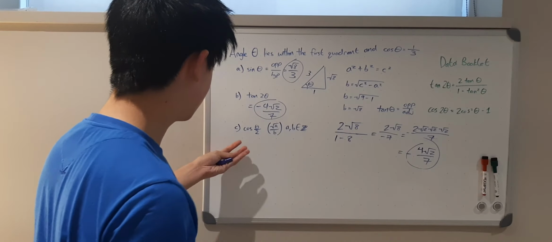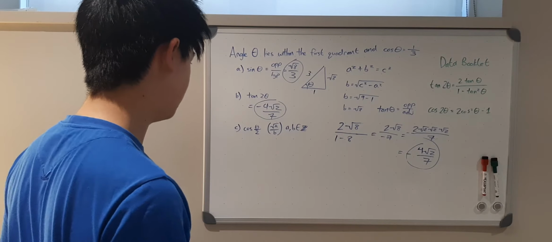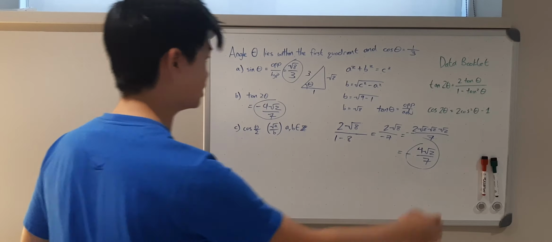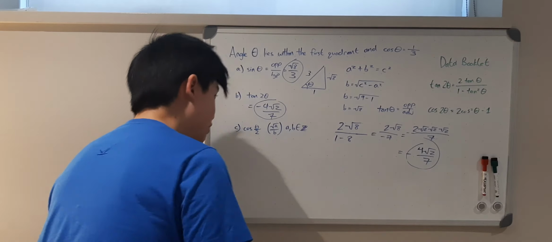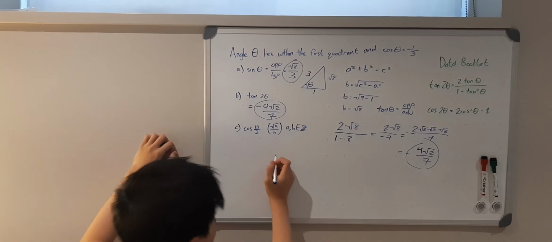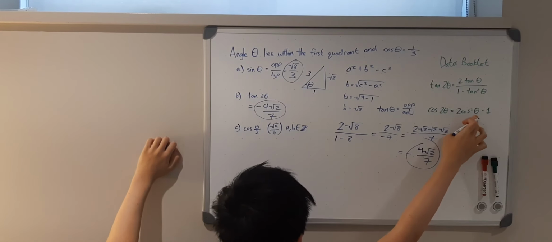Okay, now the last question. Cosine theta over 2 expressed in the form of root a over b. First we're going to have to use this data booklet reference and manipulate it. Theta over 2 we're going to put in the place of theta.